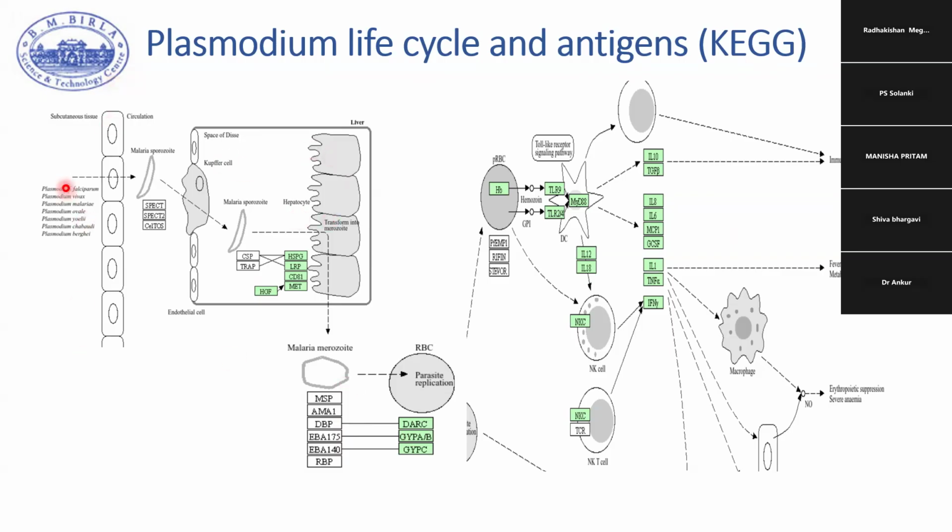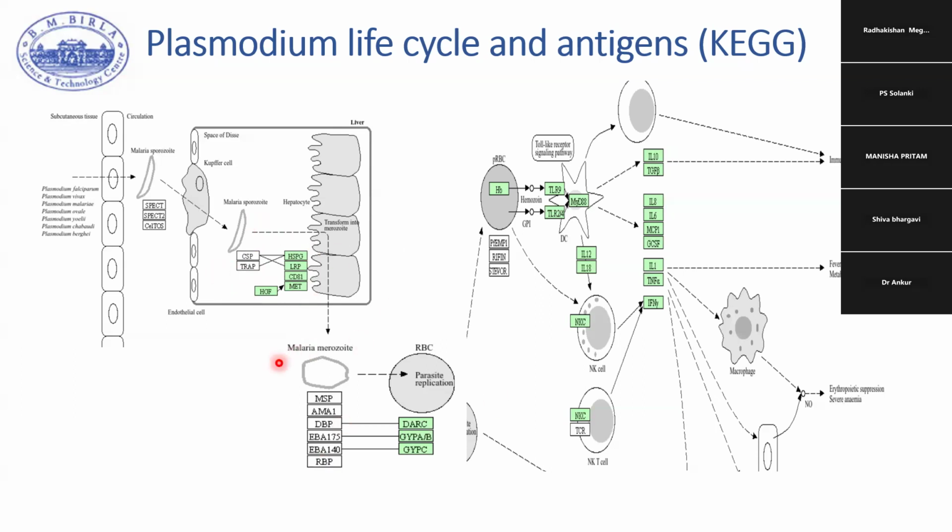You see there are different species of Plasmodium. When it enters the human cell, what happens? You see CSP and TRAP. CSP is a pathogenic protein. TRAP is also a pathogenic protein. And these interact with human receptors. So this is one part.